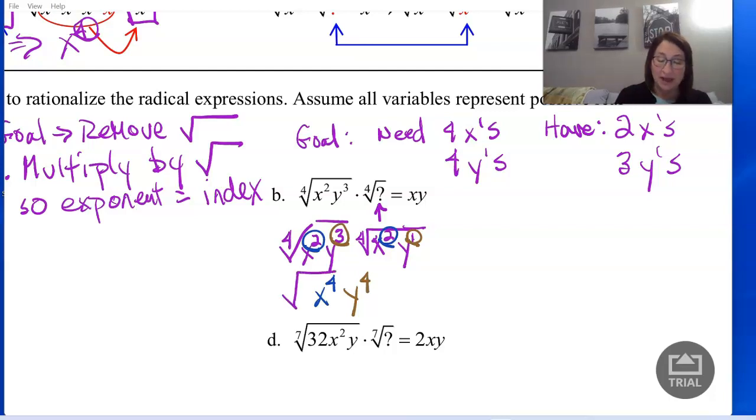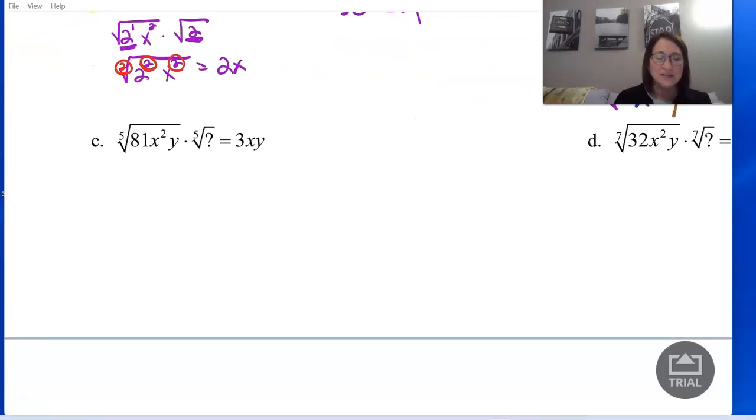And so then I've got the 4th root of x to the 4th, y to the 4th, which is just going to give me xy. So you're always looking for what's missing. How do I get my exponents to equal my index? That's what you multiply by.